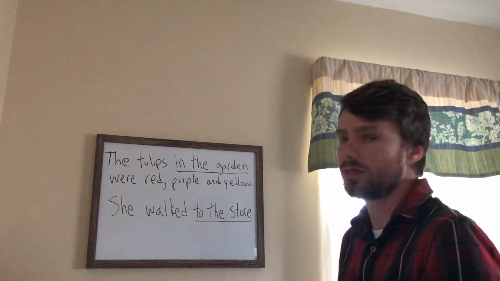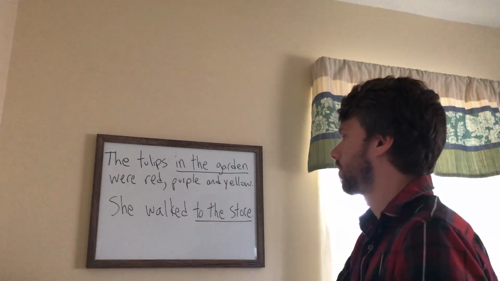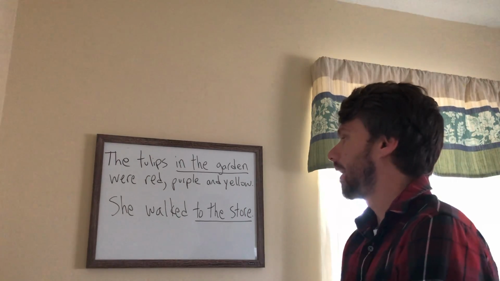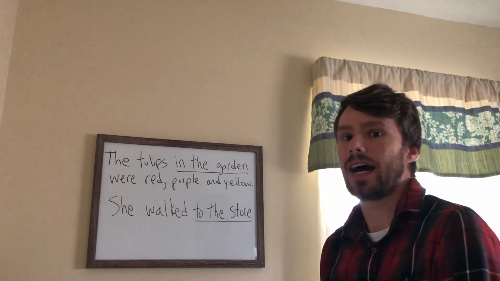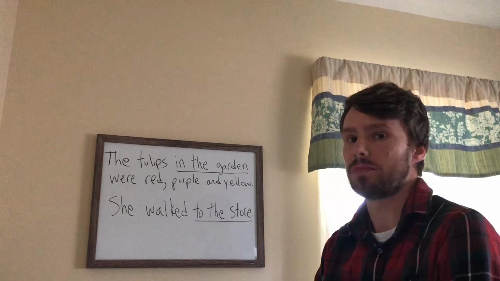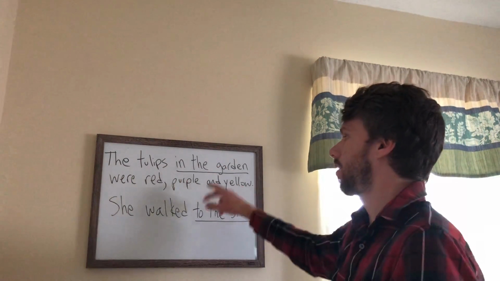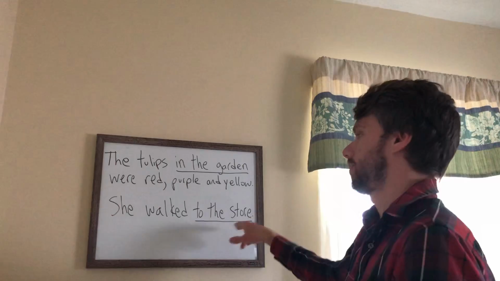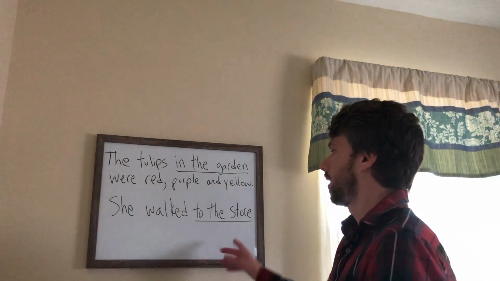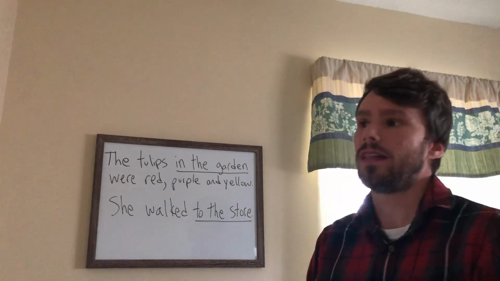So she walked where? To the store. That is how you tell whether or not it's an adverb or an adjective prepositional phrase. The tulips are where? In the garden. She walked where? To the store. So that would be how you would tell that.